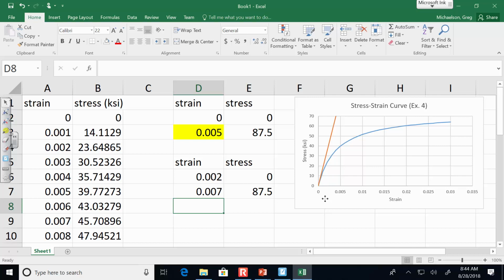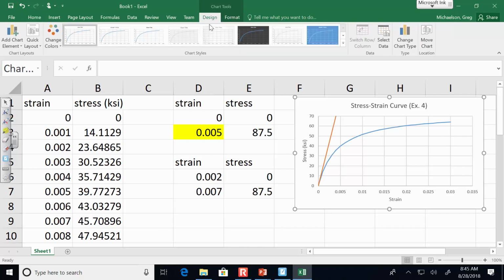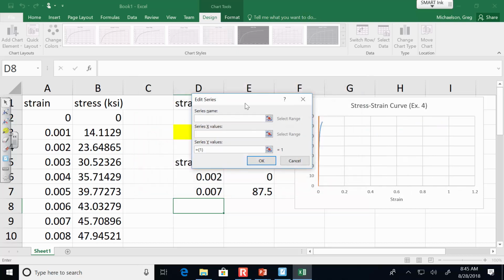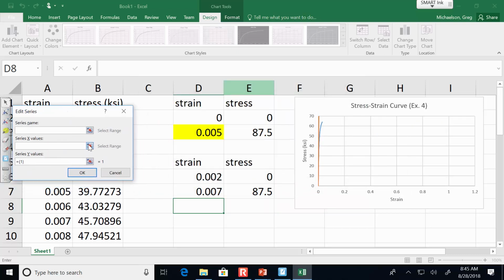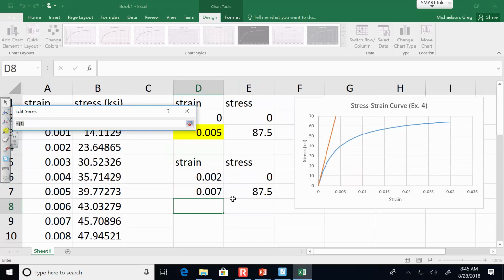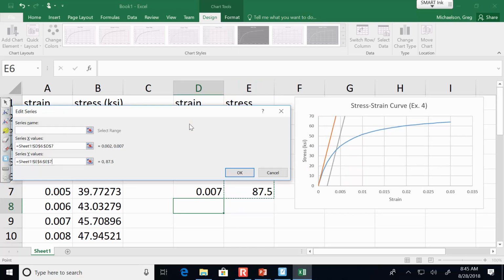So go to my curve, design, select data, and I'm trying to say what I'm clicking. If you all watch the video, you'll see what I'm doing. I'm going to add a legend series. My X points come from here, and my Y points come from here.